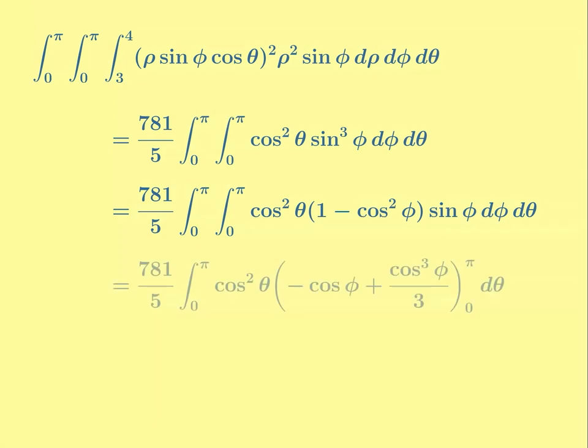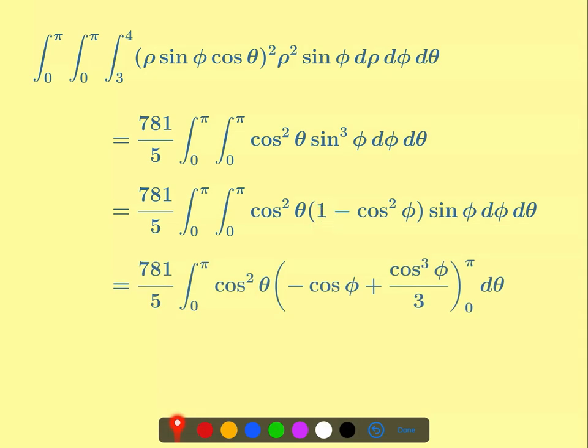So this ends up being, again, a minus cosine of phi for integrating 1 times sine phi. And for integrating minus cosine squared sine, I'm going to get u cubed over 3, cosine cubed phi over 3. And I want to plug in 0 and pi and take the difference with pi being the first evaluation.